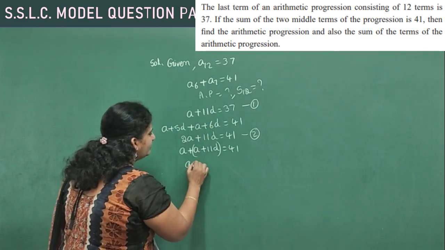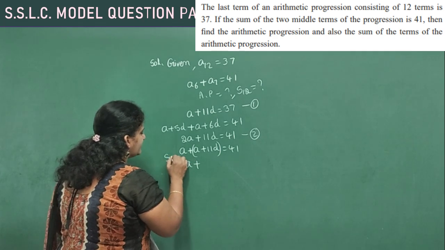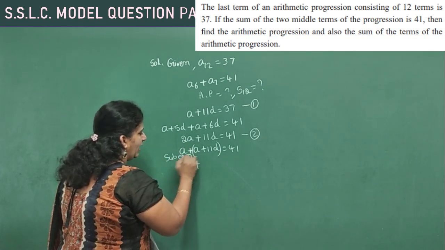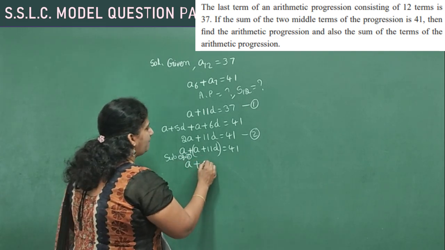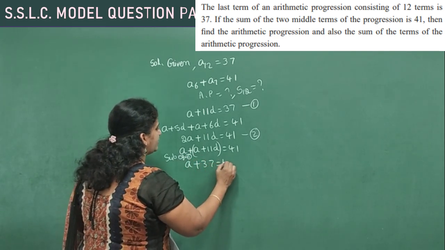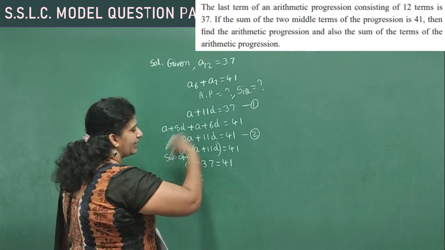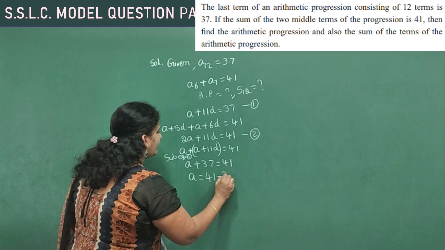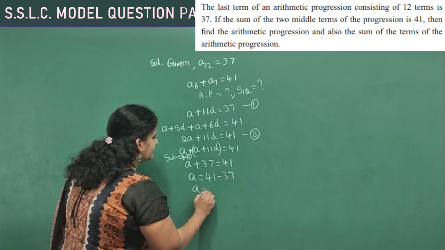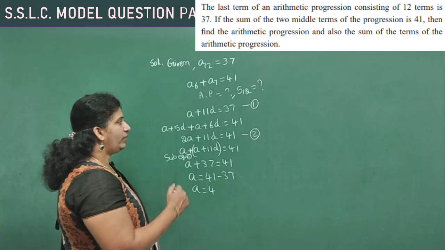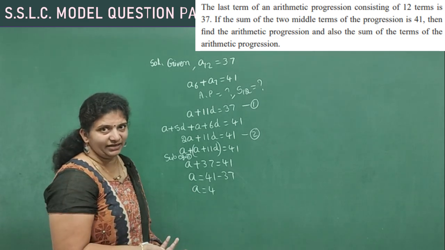Then go with it. You can write here substitute equation 1 in above. Right? A plus 37 is equal to 41. A is equal to, transpose other side, 41 minus 37, A is equal to 4. Right? Now, we got A. We can find D. How?